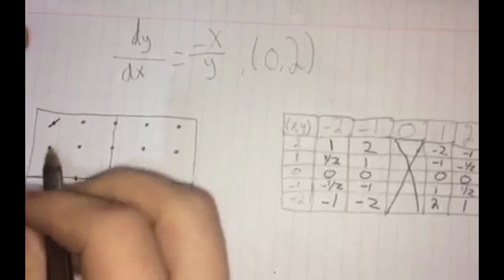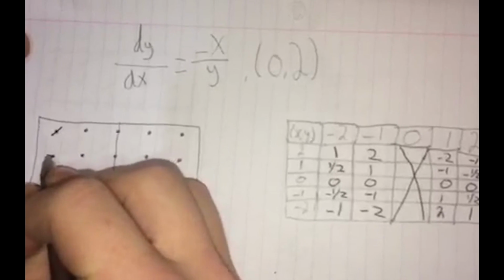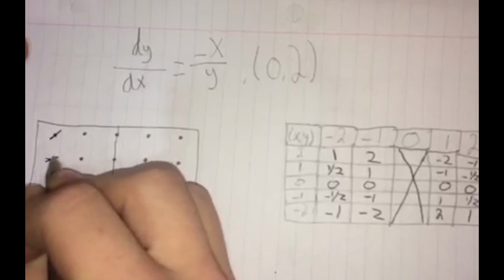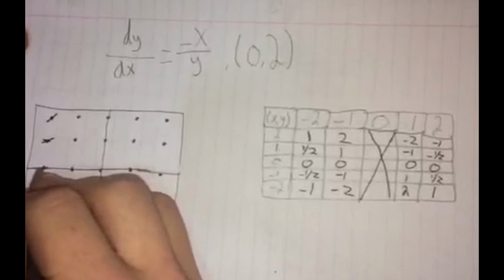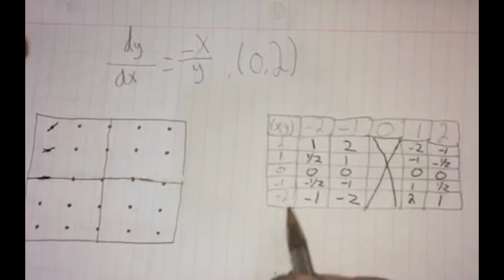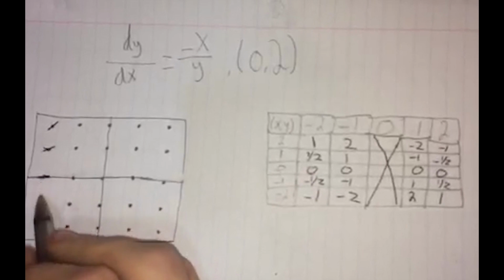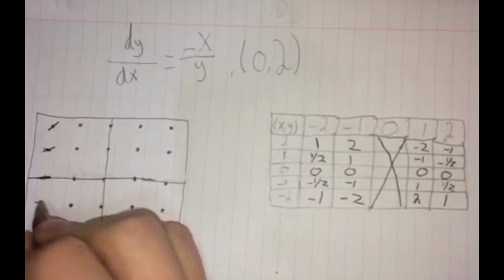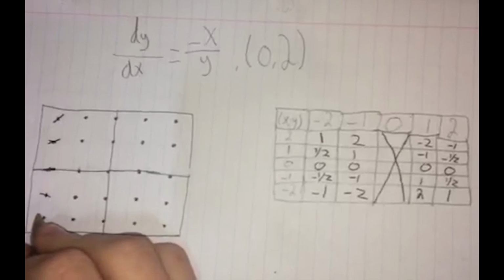Alright, so now we go to (-2, 1), and we see it's 1/2, so it's going to be a little less. 0 is 0. (-2, -1) is negative 1/2. And then (-2, -2) is negative 1.